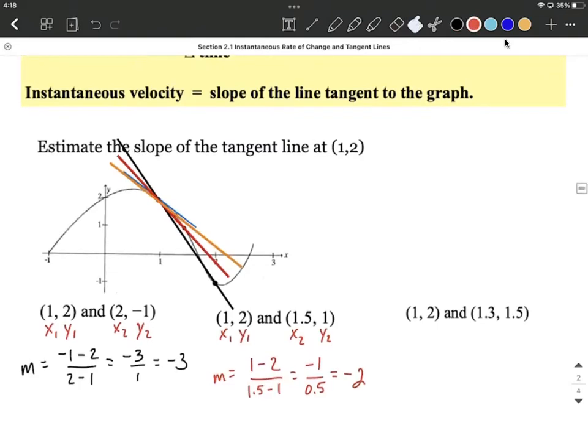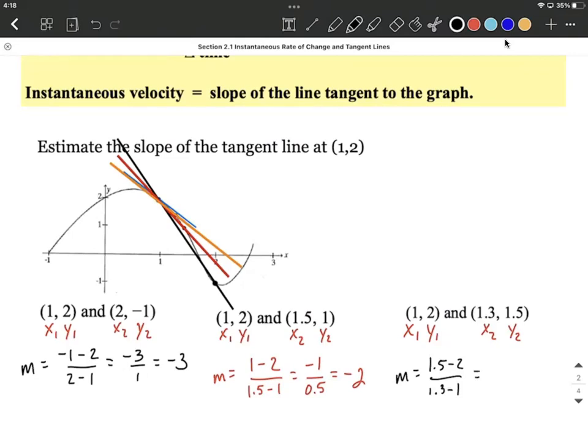(x1, y1), (x2, y2). Let's say that the point we care about is at (1.3, 1.5). So the slope of that line is y2 minus y1 over x2 minus x1.